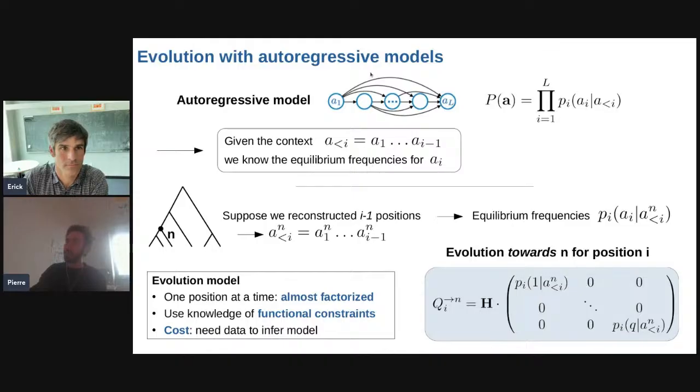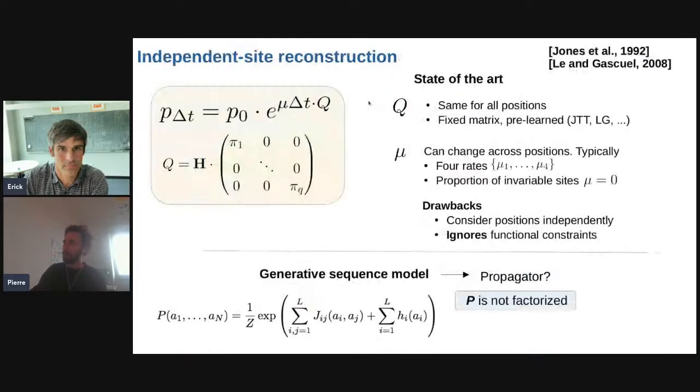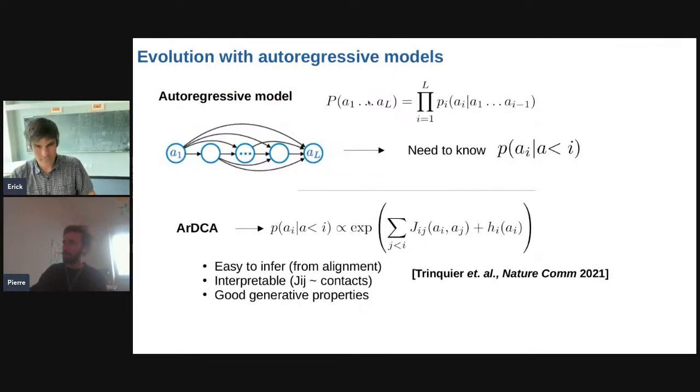So in this paper, they had this question: we want to choose an ordering that makes sense. And what they found is that the best performance in terms of generative capabilities is to first use the most conserved sites, then the second most conserved, and so on. The last one you deal with is the more variable.